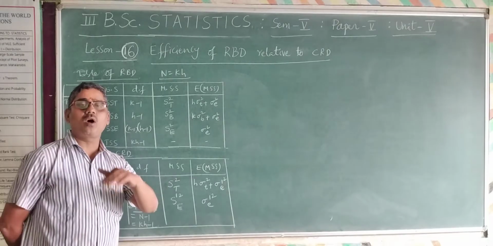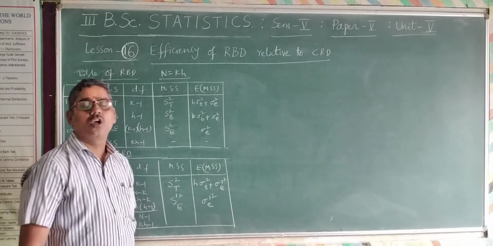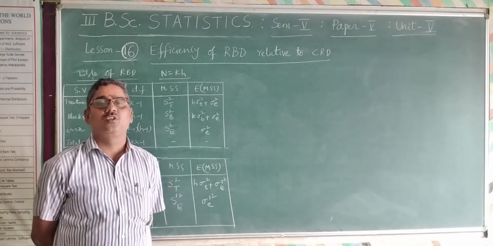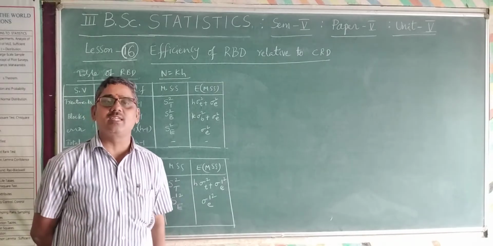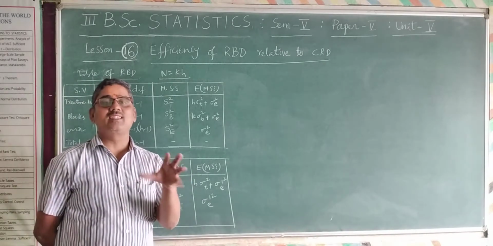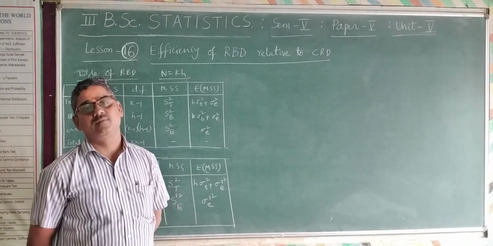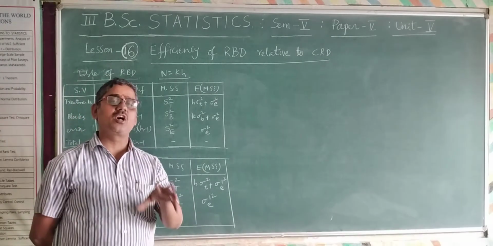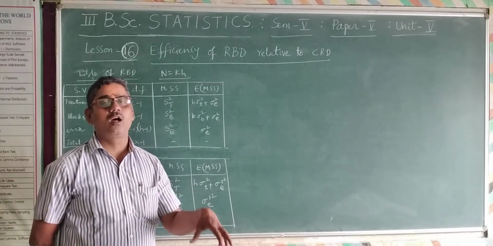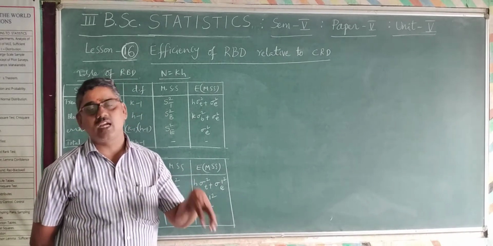Now how do we calculate the efficiency? For calculating efficiency, we consider the sum of squares to be equal in both CRD and RBD.